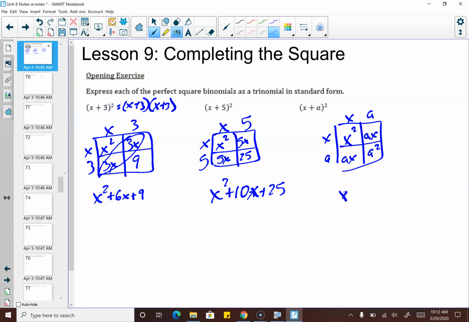So we have to be a little bit careful here as we combine our like terms. ax + ax is 2ax, and then we are + a² at the end. So that's just a quick little review of our multiplying. And the idea of the perfect square binomial and perfect square trinomials are going to be important for today.